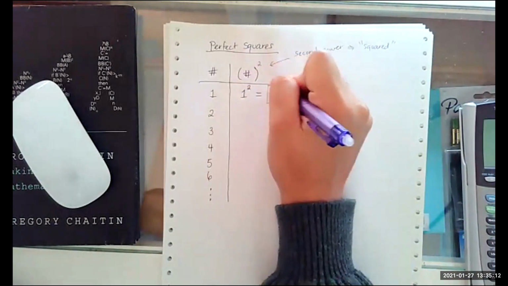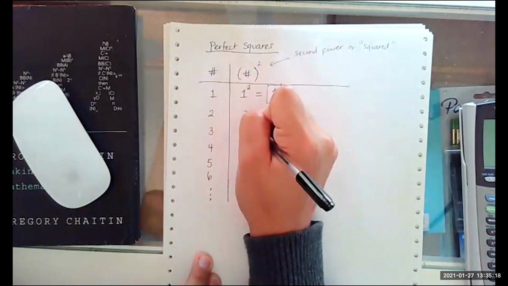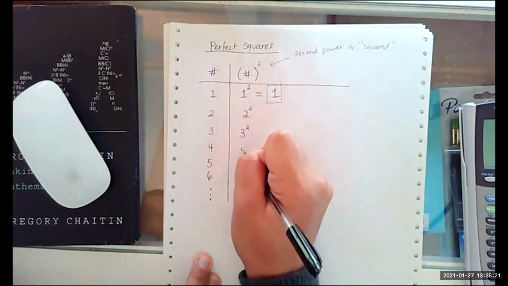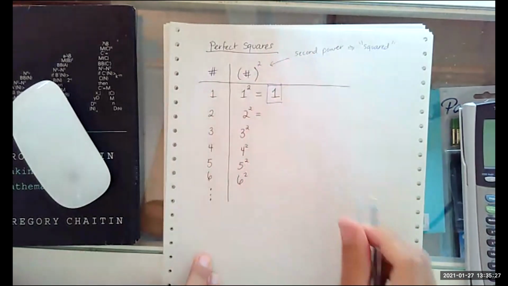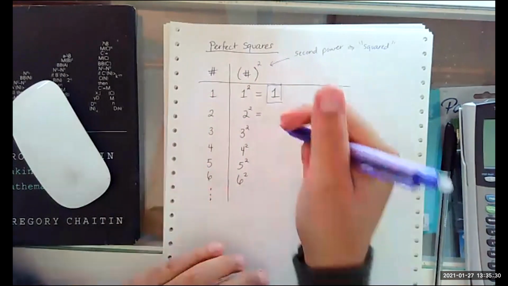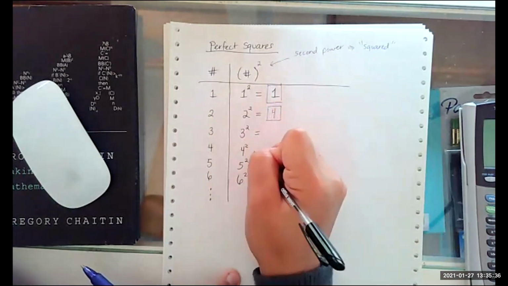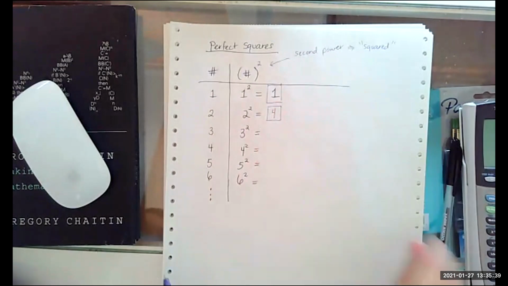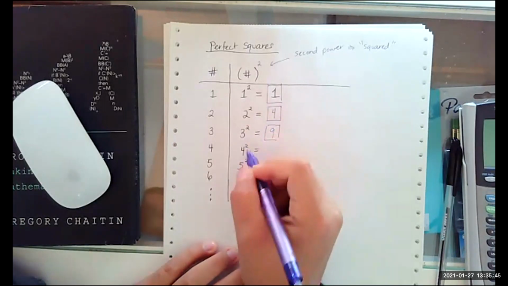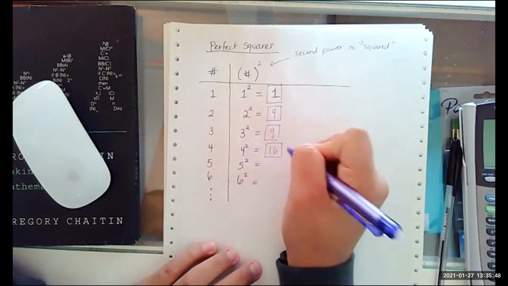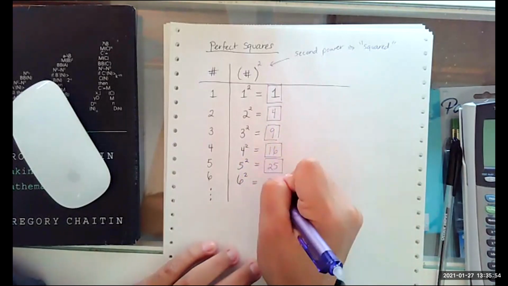So I'll box this in. And I'm going to do that for all of these numbers over here in this column. So I have 2 to the second power, 3 to the second power, 4 to the second power, 5 to the second power, and 6 to the second power. 2 to the second power is 2 times 2, which is 4. 3 to the second power is 3 times 3, which is 9. 4 to the second power is 16. 5 to the second power is 25. 6 to the second power, 6 times 6, is 36.